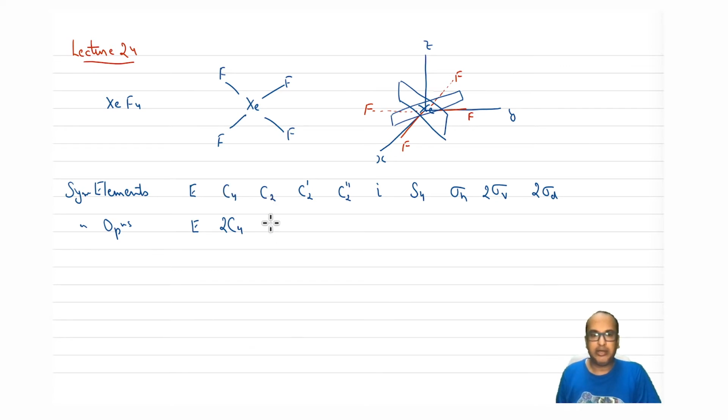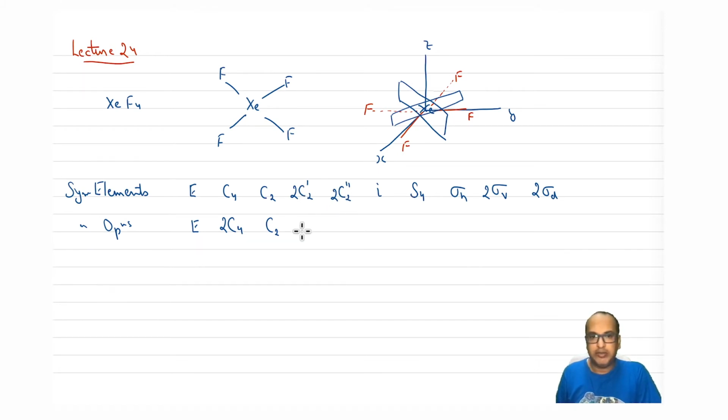C2 will generate only one operation, because C2 to the power 2 will be E. So for the C2 primes, there are actually two C2 primes and two C2 double primes, right? The two C2 primes will be one along the x-axis, one along the y-axis, and the C2 double primes will be in between the xy axes, like this, right? So basically they will be along the sigma d's.